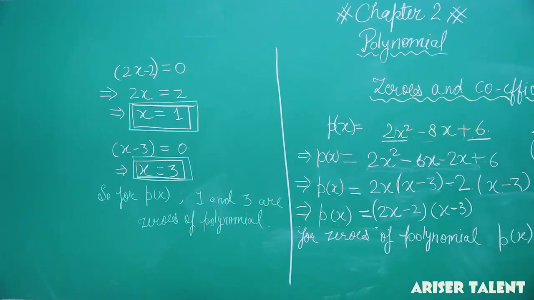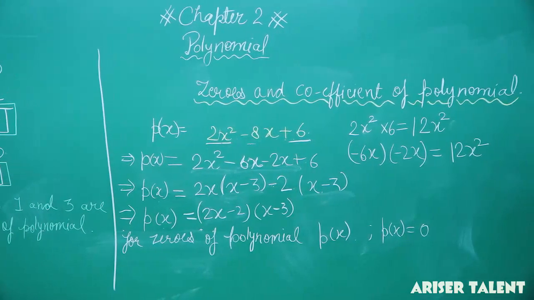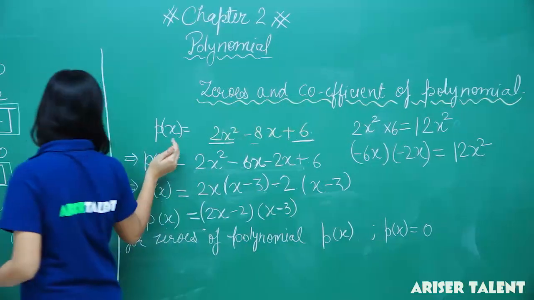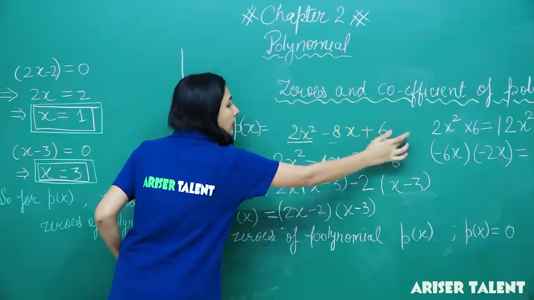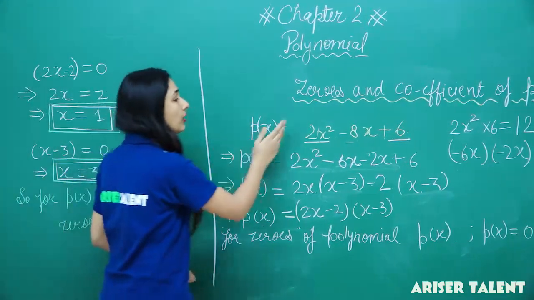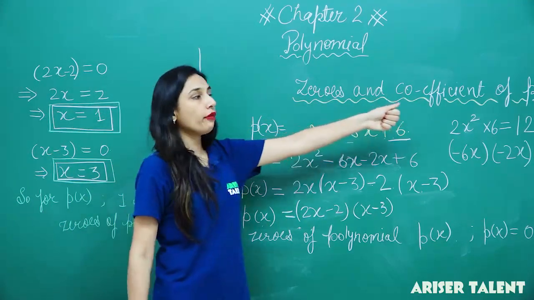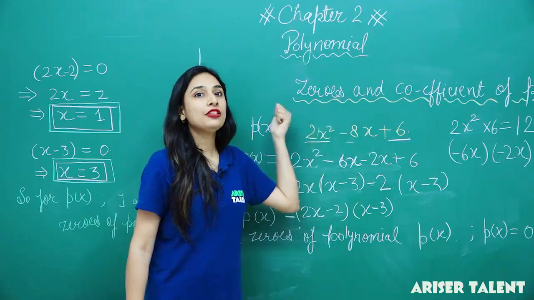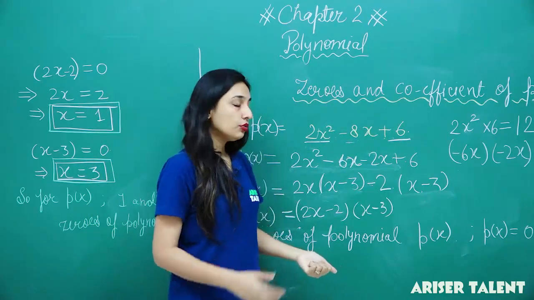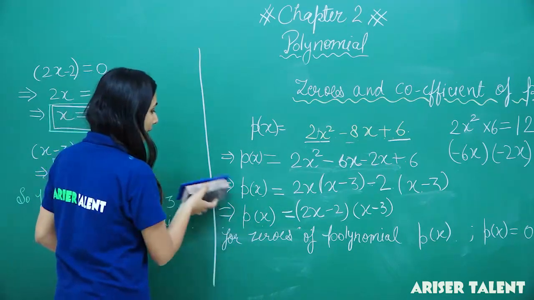I am going to rub this. I am rubbing this part, but eventually I am going to keep this particular polynomial here, because we were discussing the relationship between zeros and coefficients of a polynomial. What is the relationship between zeros and coefficients of a polynomial? We will discuss it with the help of this example.